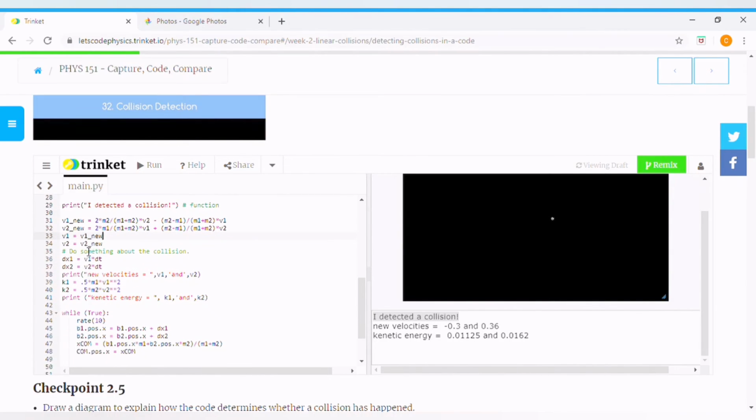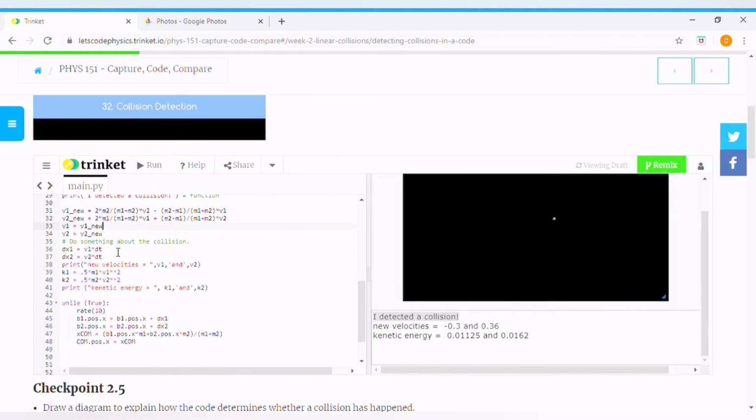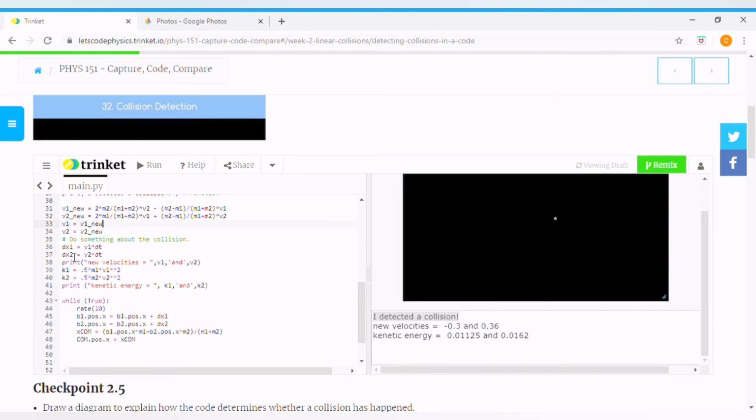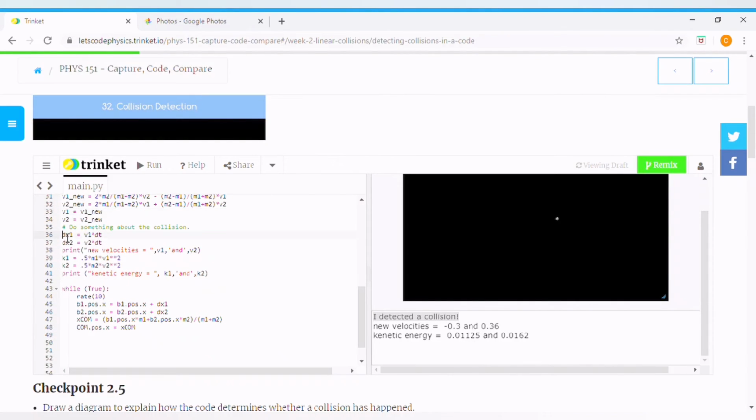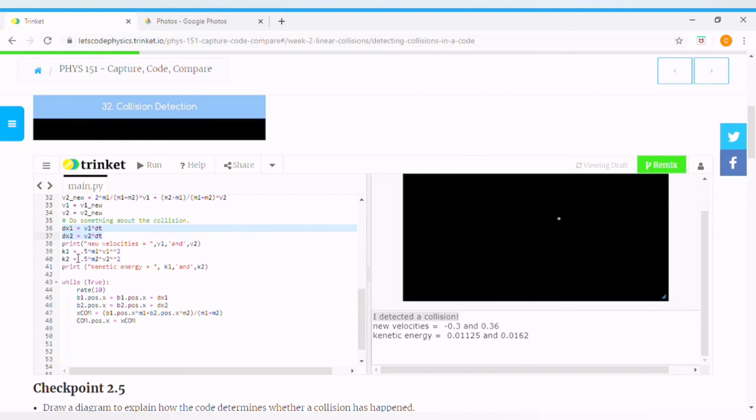We're telling the computer v1 equals this new v1, and these are the new velocities that I want it to travel at. And then we're going to tell the computer to print them so I know what the computer is calculating, and also the kinetic energy as well.